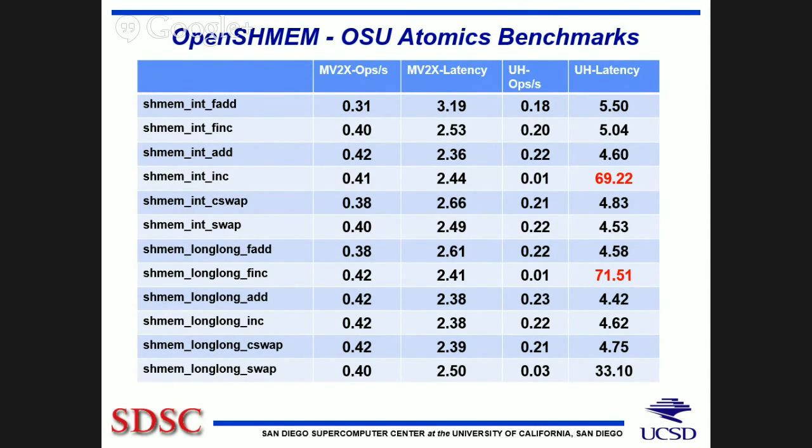But when you look at the OpenSHMEM release implementation, it's higher again, in the 5 microsecond latency range. And it's again very intermittent in terms of performance. You get a lot of variation between runs. I have some really outlier results in red there.